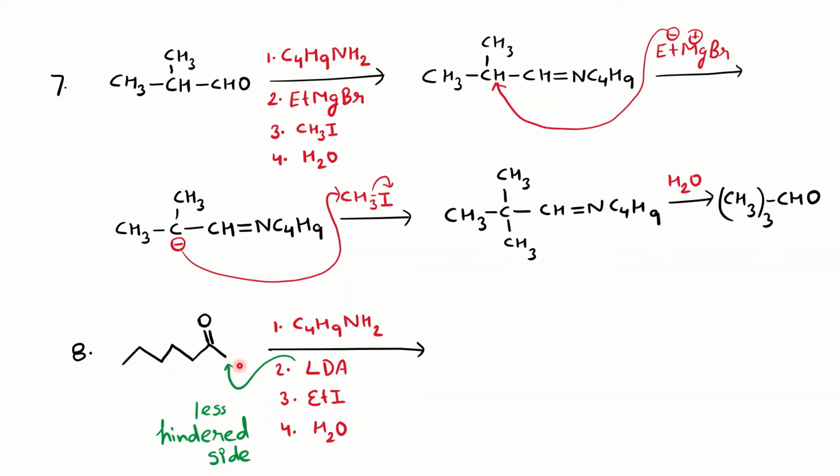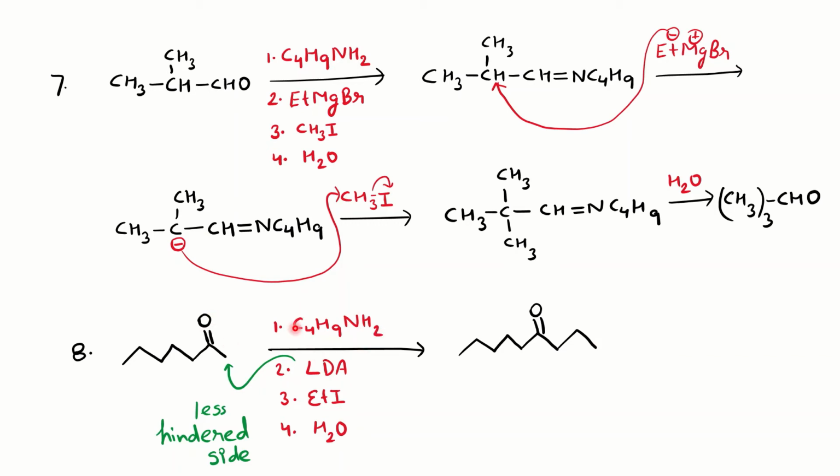So there are two alpha positions, and we have to see from which alpha position this will abstract the proton. Lithium diisopropylamide, being a bulky group, will always abstract the proton from the less hindered side. So this is the less hindered side, and therefore you will get alkylation at this position only, and this will be your final product after hydrolysis.